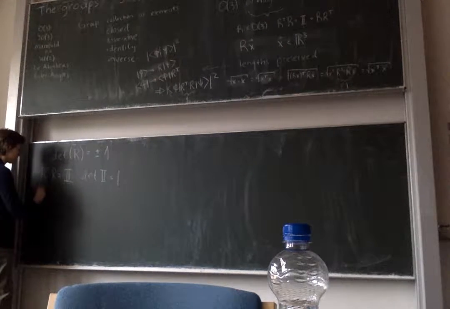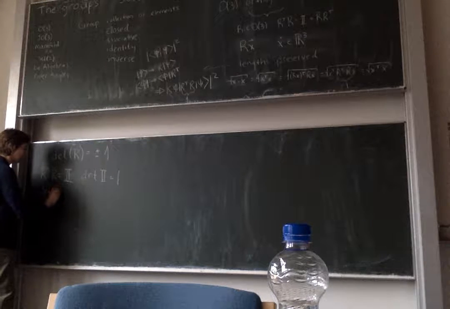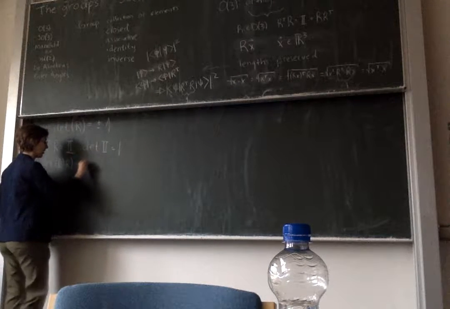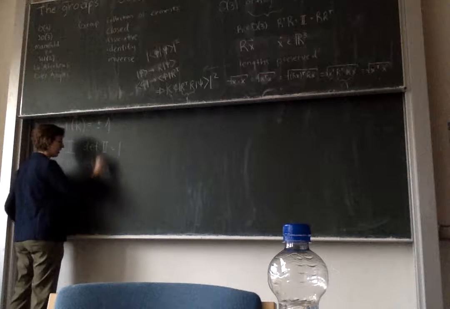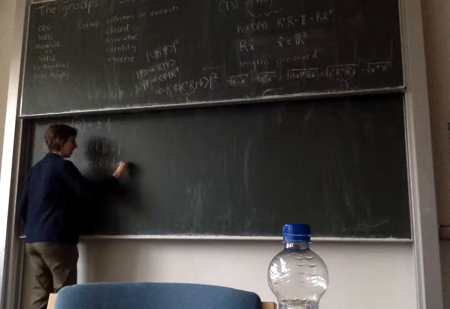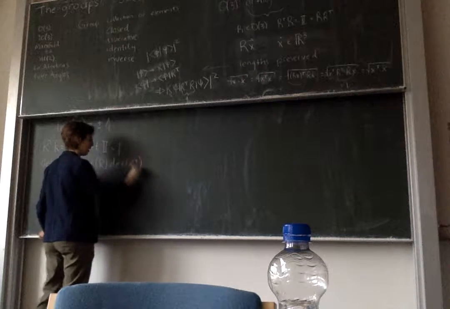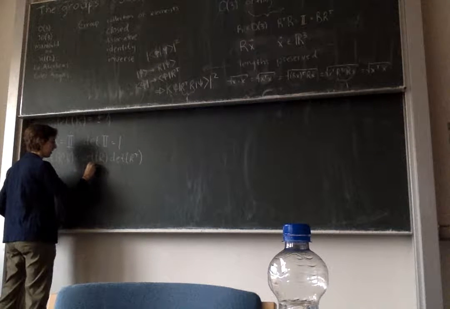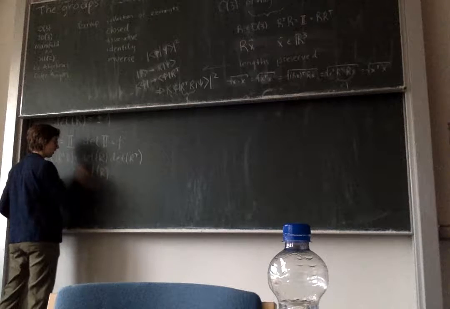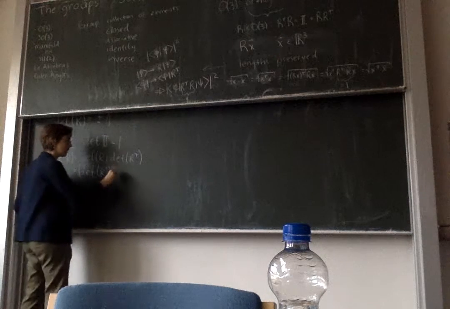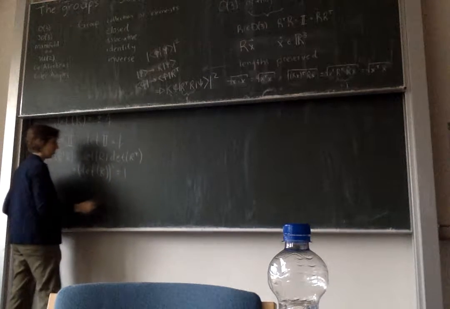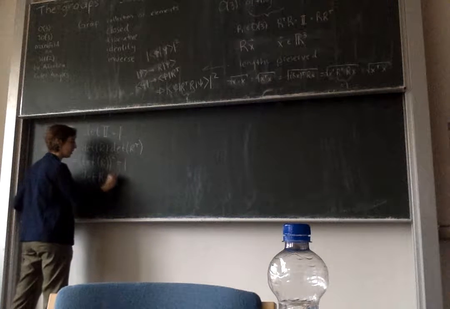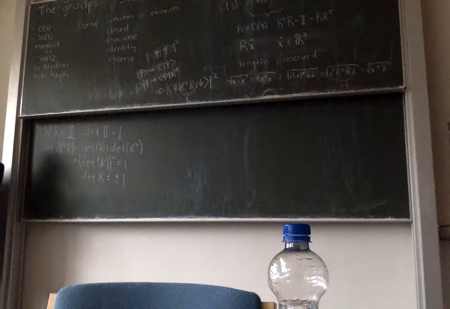So then the determinant of RTR is equal to the determinant of R times the determinant of RT, something we know from linear algebra, and this is equal to the determinant of R squared. Because we know that's equal to 1, we can take the square root of each side and get the determinant of R is equal to either plus or minus 1.